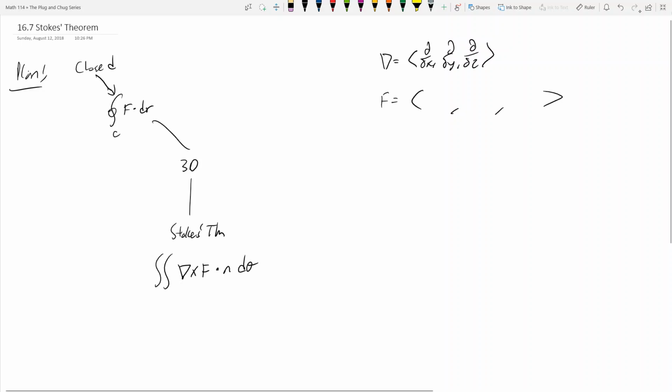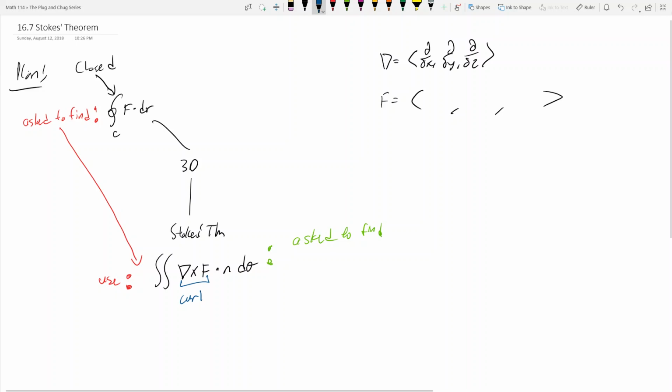And there's going to be 2 videos that I'm going to do. The first video, which is this one, comes when they ask you to evaluate this. So if you're asked to find f.dr, you use this guy. And if you're asked to find curl f.n d sigma, this is called curl.